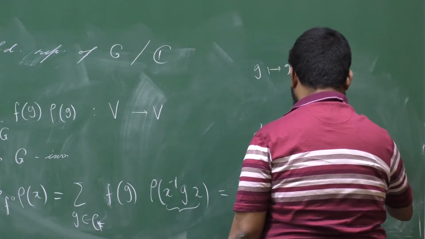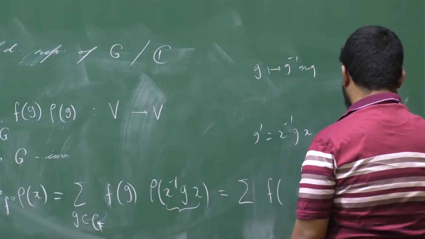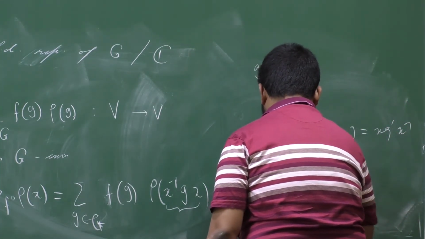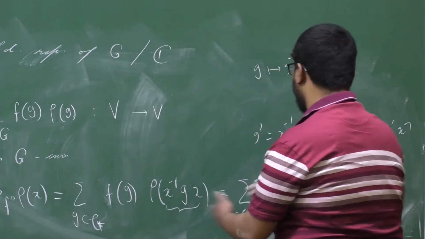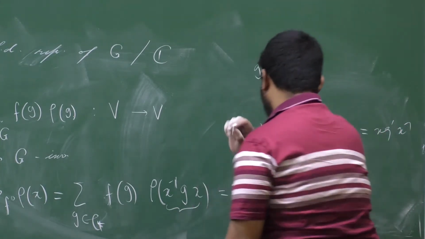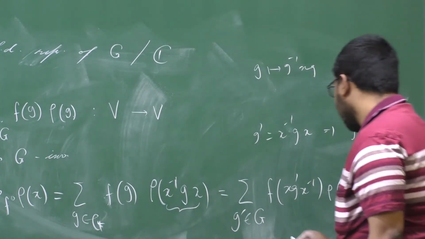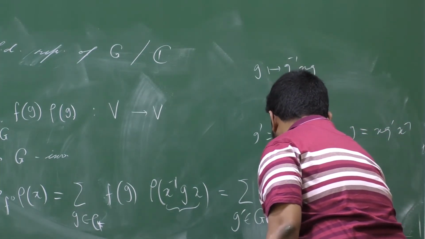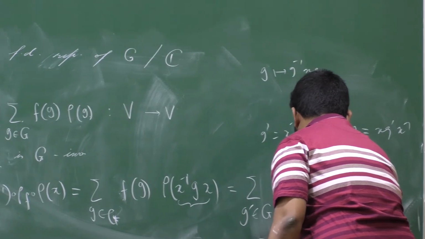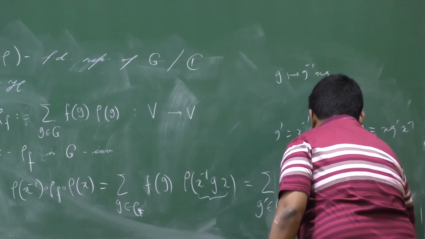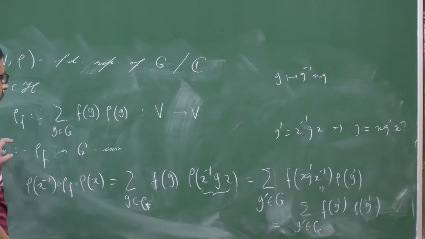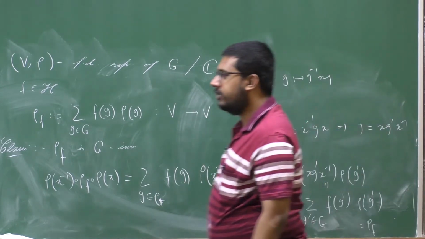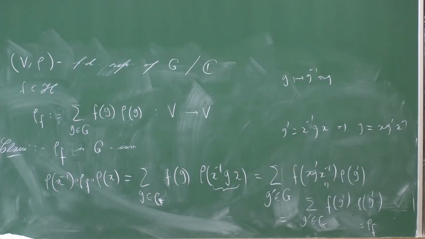So g will be x g prime x inverse, and as g runs over all elements of G, g prime will run over all elements of G. And now we use that f is a class function, therefore this quantity must be the same as f(g prime). So thus you see that this is exactly rho_f. Therefore rho_f is a G invariant linear operator.